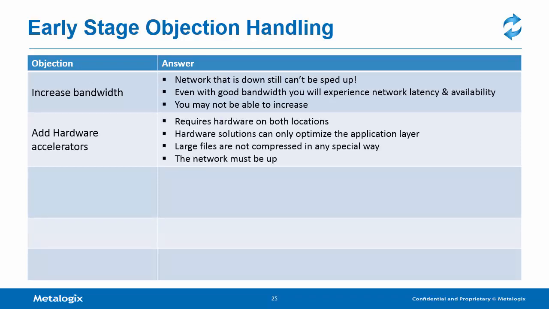All right, then another one: we'll add hardware accelerators to the network. Great investment and performance for other applications, but SharePoint is just not made for this because it's so complicated. Remember, the network must be up. The big shortcoming is that all remote sites really run off the same single copy of SharePoint.